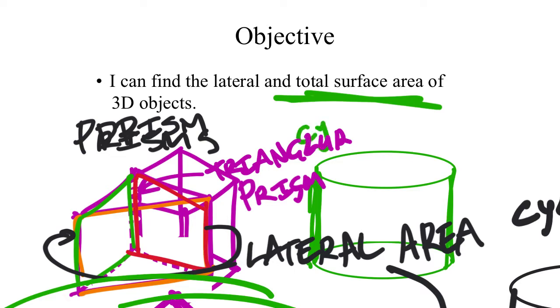That's a cylinder right here. Cylinder. I feel like I should have a poster that says this. Oh, it is an E. There we go. Cylinder, which is really just a circular prism like this.